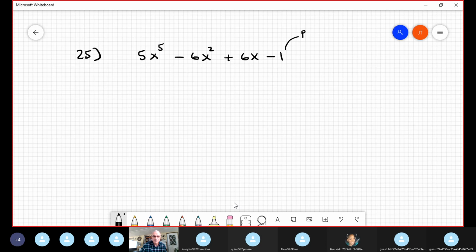This is P, this is Q. So the formula is plus or minus P divided by Q. And you put a P in the numerator, that's the only option.